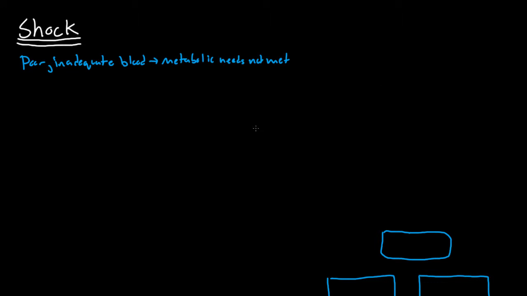So, in shock, a few things happen with the body. First of all, there's a reduction in circulating blood volume. So, I'm just going to draw a downwards arrow to represent a decrease of circulating blood volume.